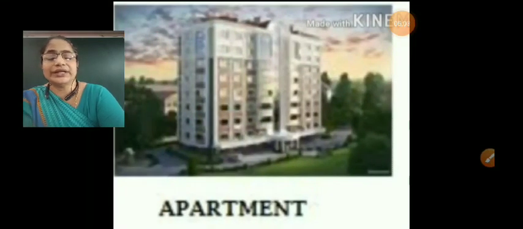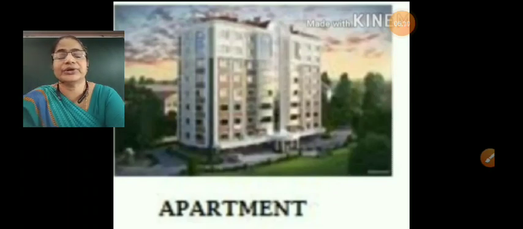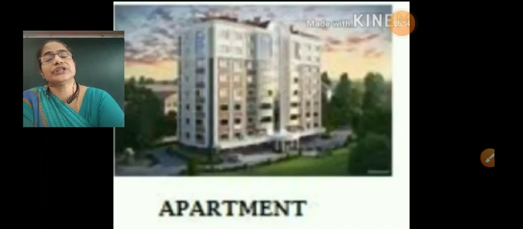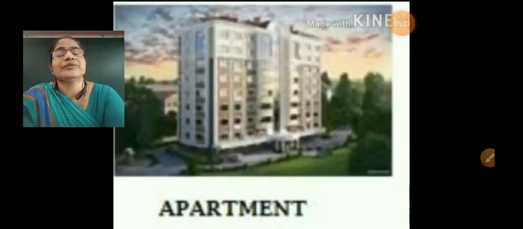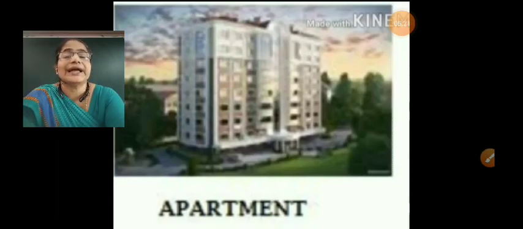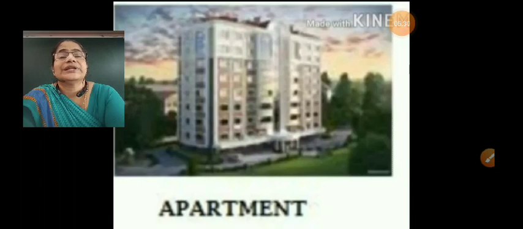Now, next one is apartments. Multi-storied buildings are mostly found in big cities. You can see the apartments in big cities only. Some multi-storied buildings have many houses. Here in apartments you can see there are different houses staying there.